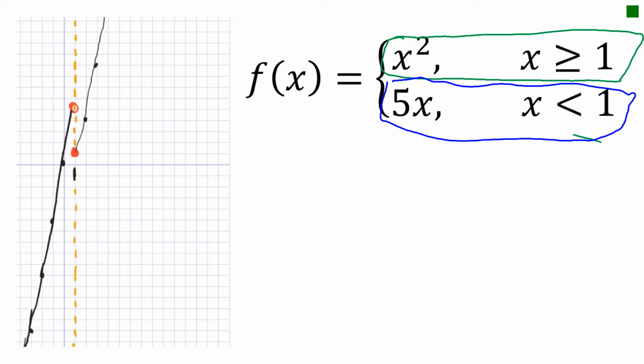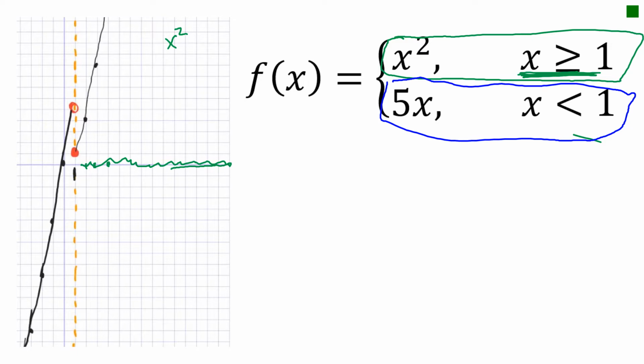So where would each of these live? Notice that we're saying here that x, in the green portion, x is greater than 1. So x is 2 here, 3 here, 4 here, etc. So all of this right here, that side of the graph would represent where x is greater than 1. So that means that our function x squared is going to live on that side of the fence.